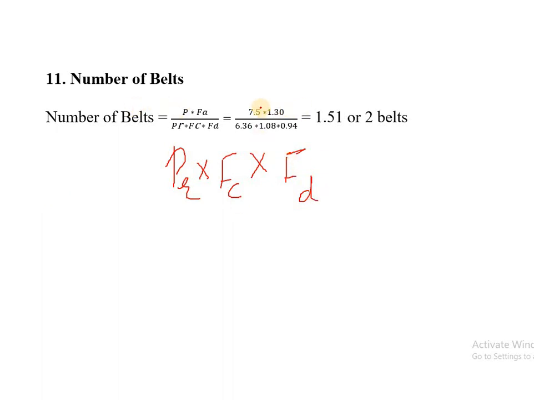Power is given as 7.5, PR we have calculated as 6.36, FC is 1.08 from the table, and FD is 0.94 from the table. So you get 1.51, and belts cannot be in fractions, so 2 belts are selected for this type of application.